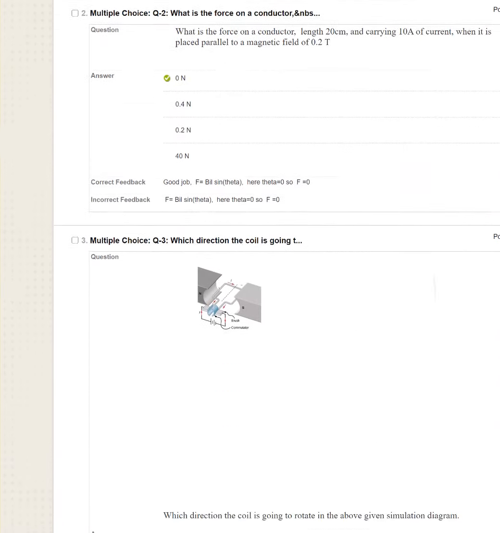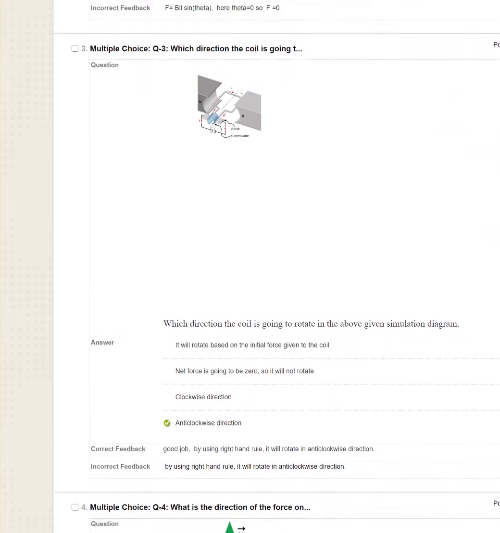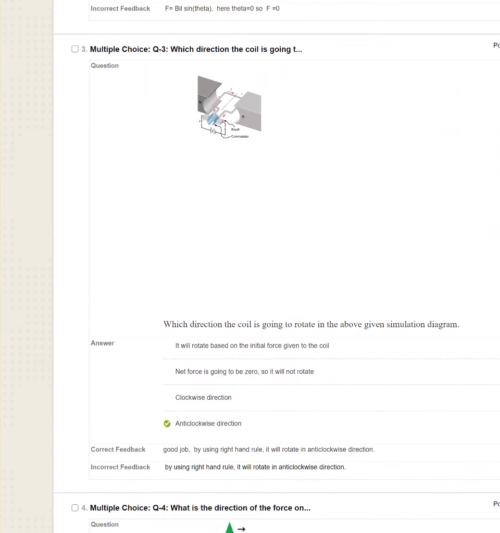Now the next question I want to go over, here it is. Here I showed you it's basically an electrical motor. You have north pole and south pole and a field coil. Which direction is the coil going to rotate in the above given simulation diagram? Clockwise direction or anti-clockwise direction, or it will not rotate.